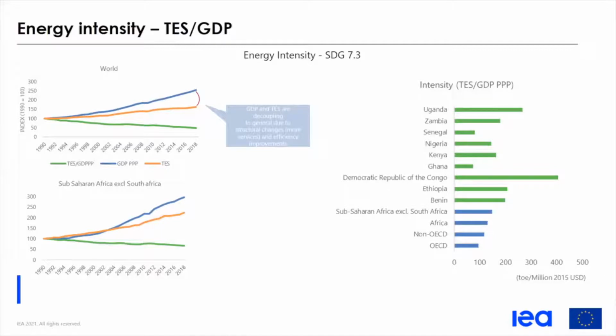In this graph on the right side, you can see that OECD countries are less energy intensive compared to non-OECD countries for the reasons I mentioned before. In sub-Saharan Africa, the differences between countries are quite large. Some countries, such as Democratic Republic of Congo, are more energy intensive compared to Ghana.